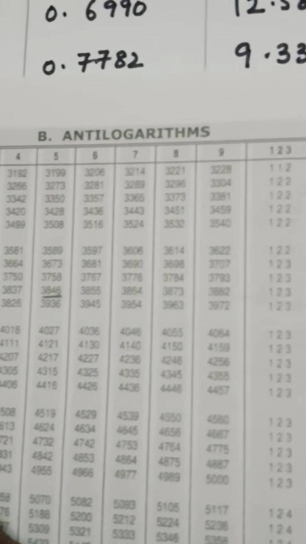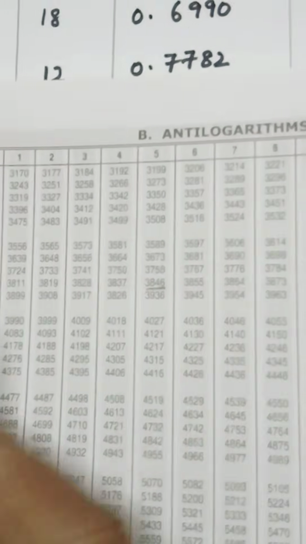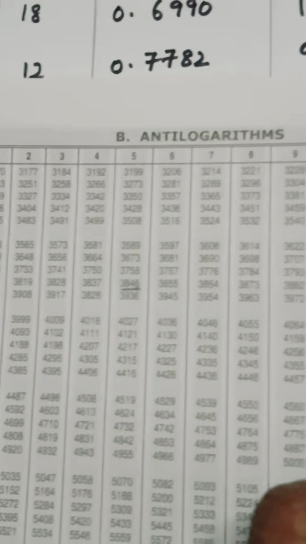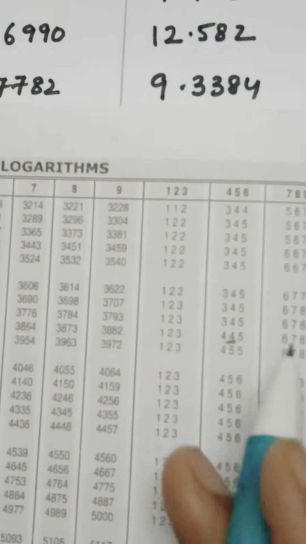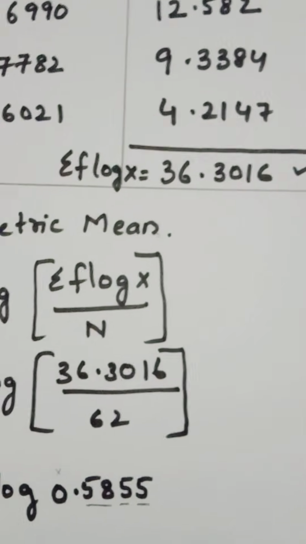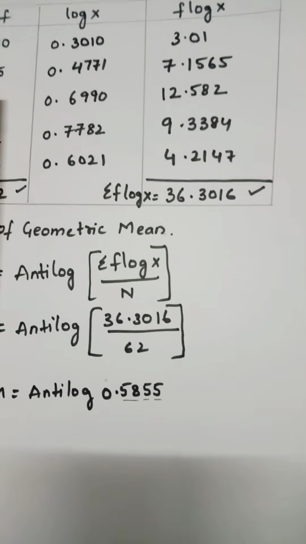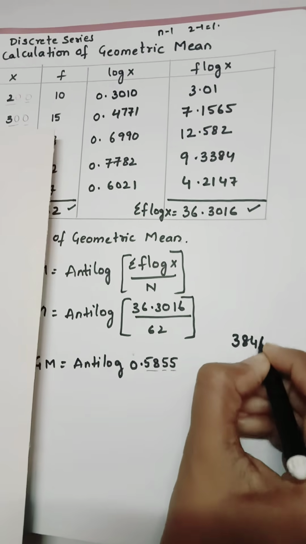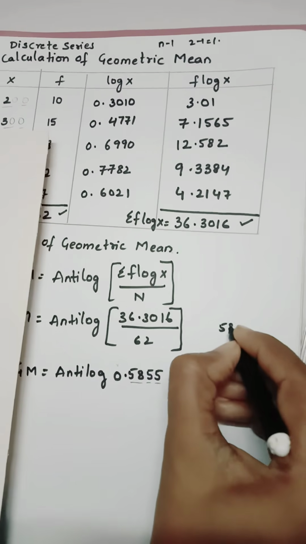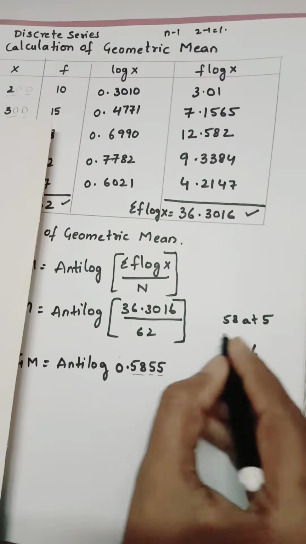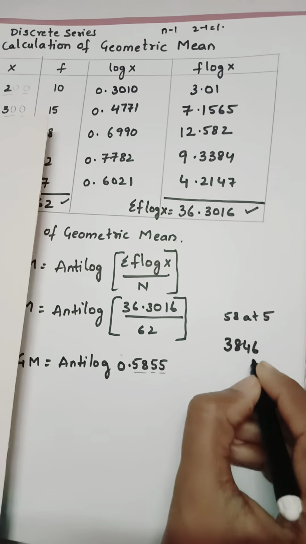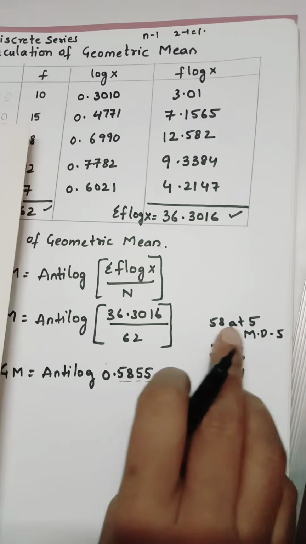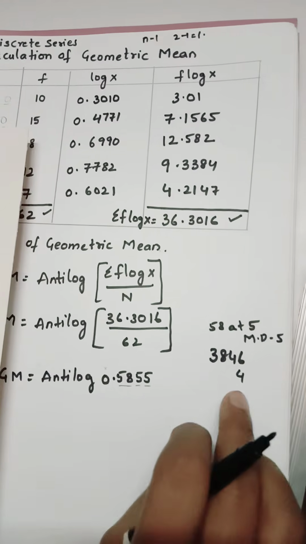Once again I will repeat, 58 at 5 is 3846 and mean difference is 4. So consider these values here. First you have to go for the working notes: 3846 is 58 at 5, and 4 is the mean difference.